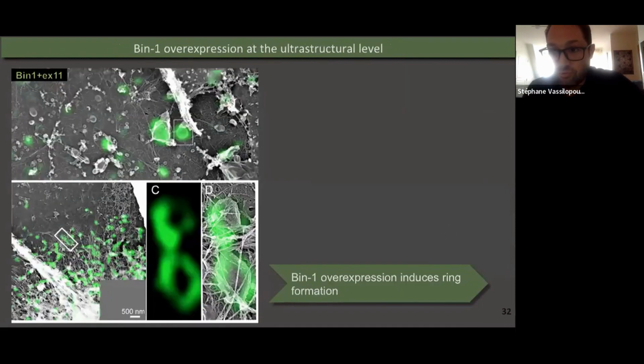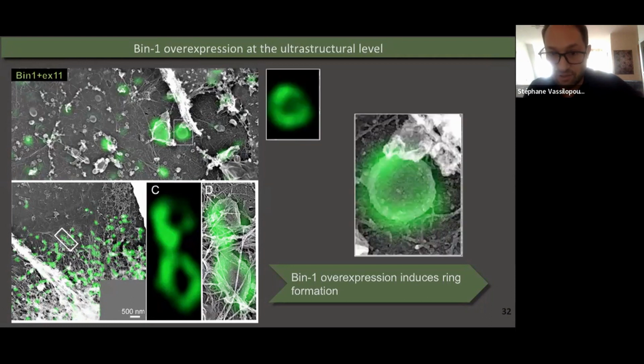So to prove it, and to understand who was coming first, is it caveolin that forms a ring and then bin1 tubulates, or is it bin1 forming a ring and then caveolins are attracted to this ring and then tubulates? And in fact, the answer is the second possibility. And the reason we think it's the case is that in situations where we overexpress bin1 in cells, we have cases where bin1 forms these ring-like structures, but there are no caveolae on them.